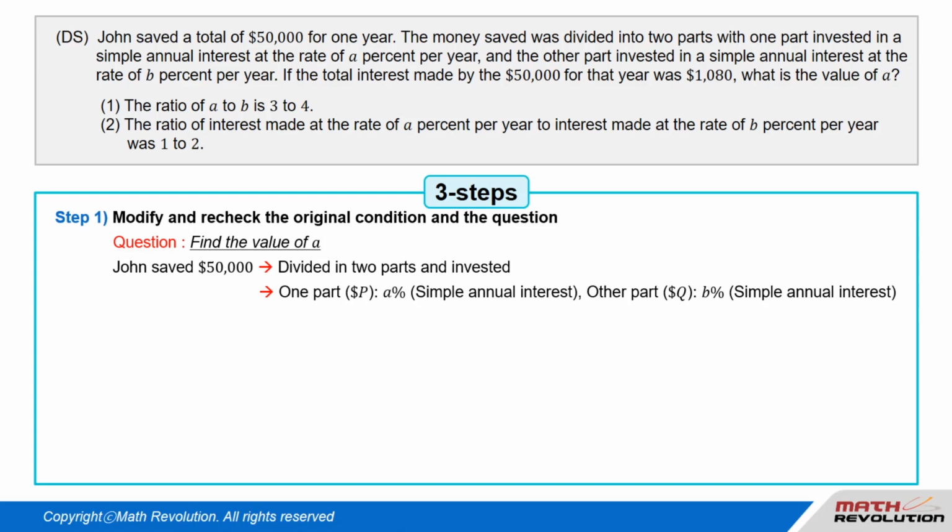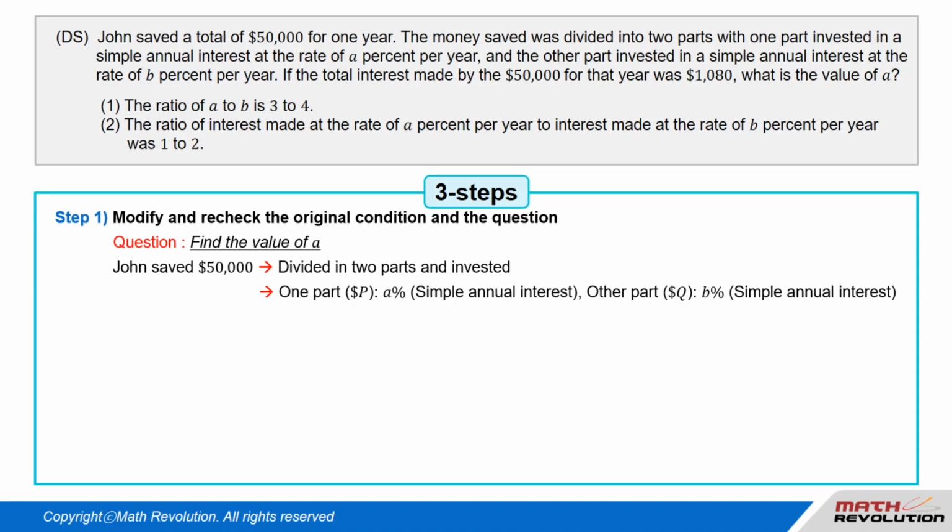This type of question regularly appears in the exam, so it is important to remember the question itself and the solving process. So we can make $P equal to the amount of money invested at the rate of A% per year, and $Q equal to the amount of money invested at the rate of B% per year.